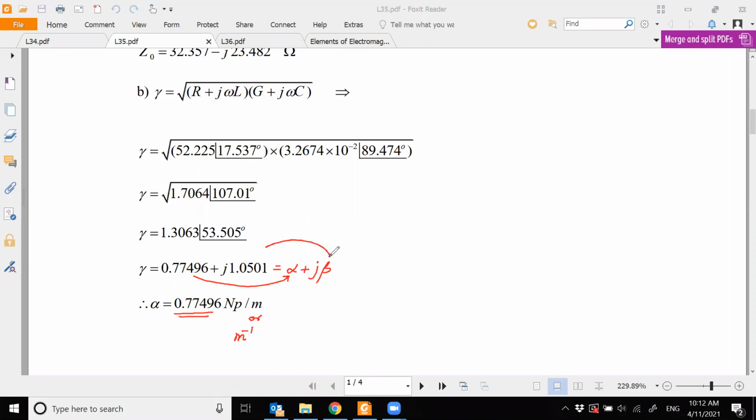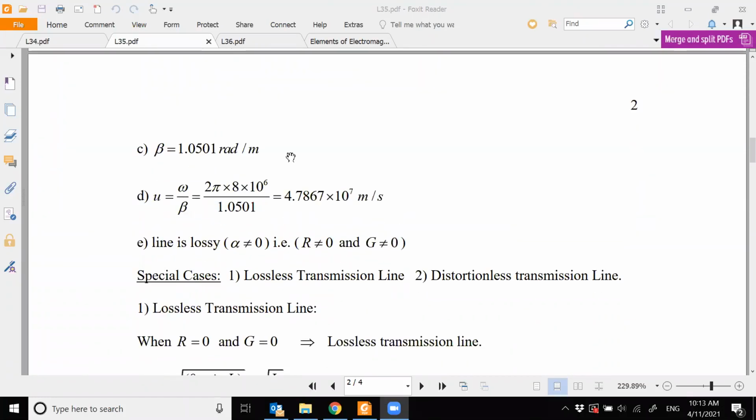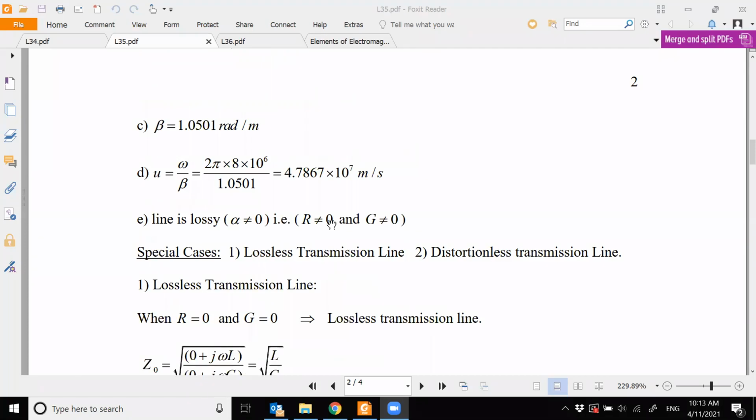And this is my beta, which is 1.0501 radians per meter. Okay, and the phase velocity u is omega over beta. So you just substitute, you will get this.